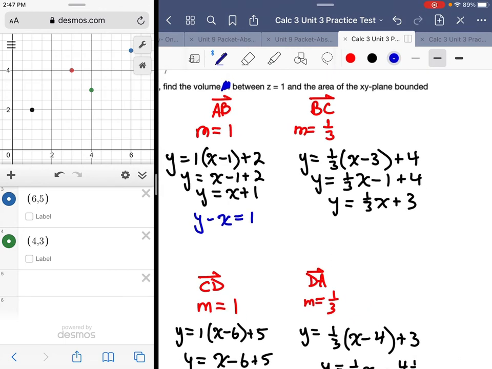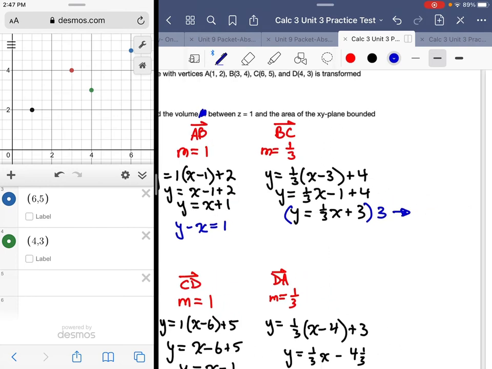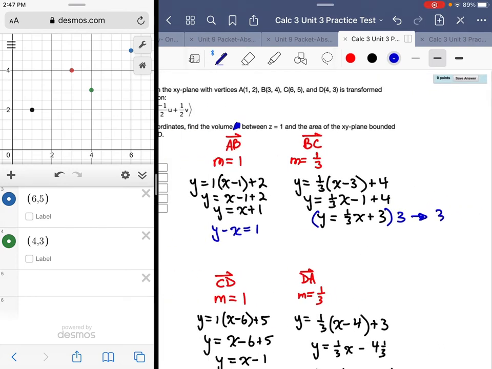I'm going to multiply everything by 3 here. So that'll make that 3y equals x plus 9, so 3y minus x equals 9.